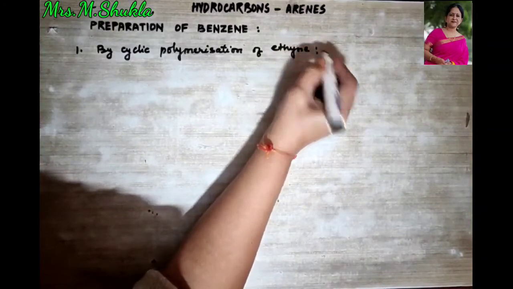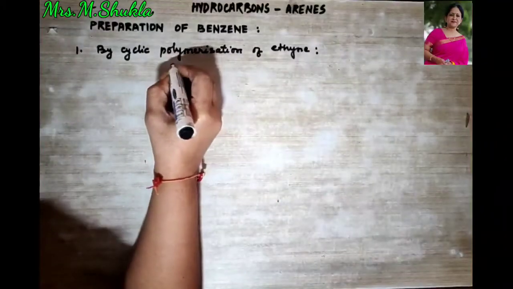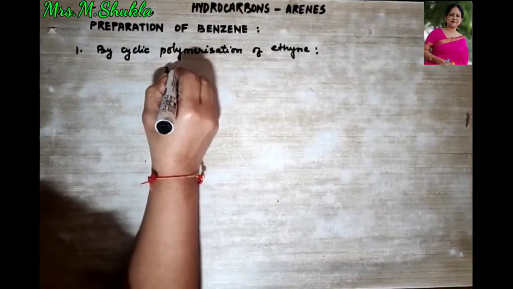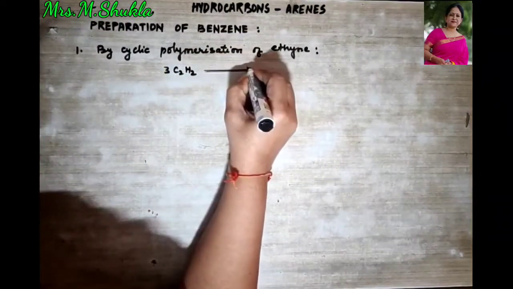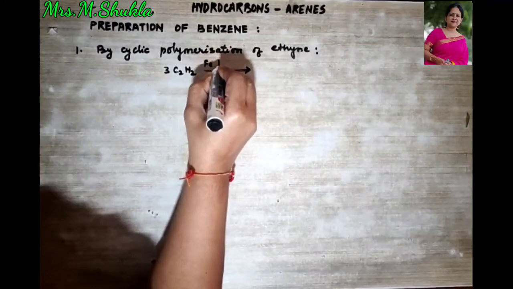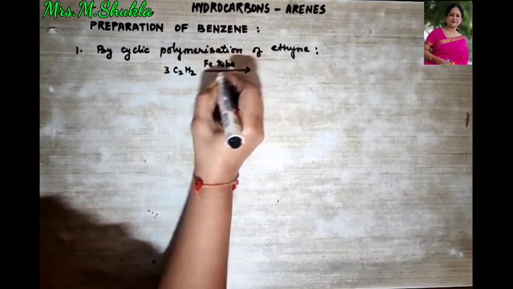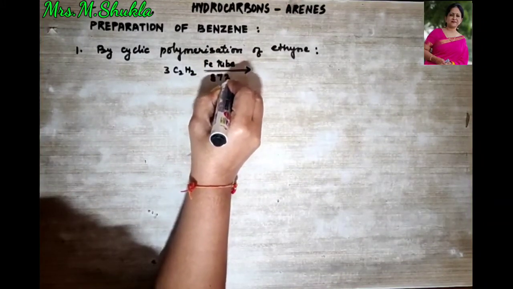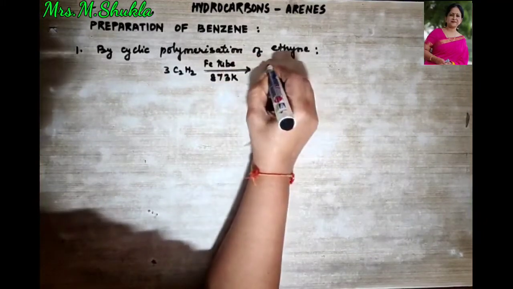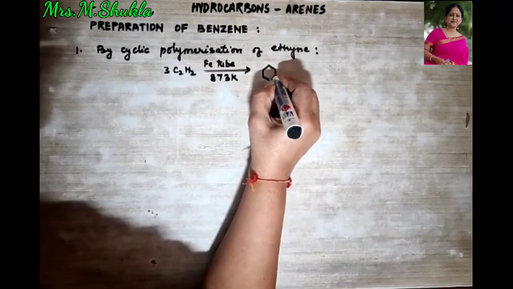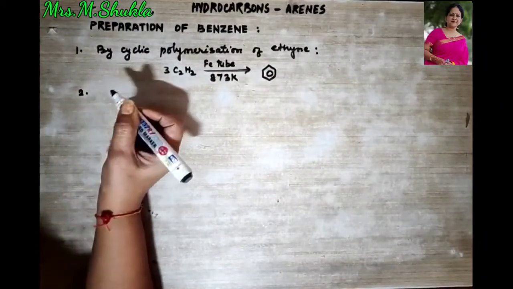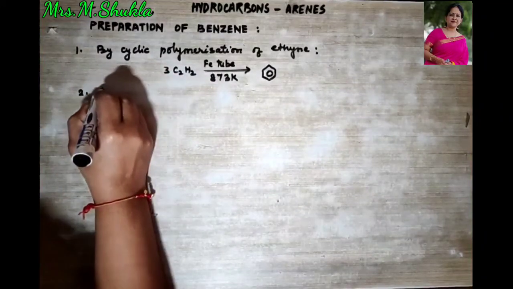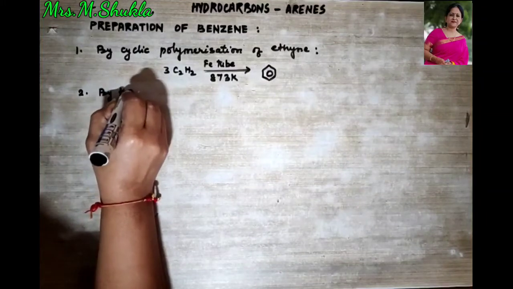Okay, so we'll take 3 molecules of ethyne. When this is treated in the iron tube at around 873 Kelvin, then we obtain benzene. Clear?